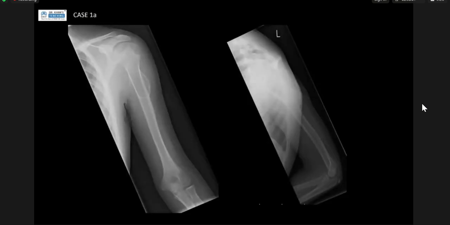Right, so if I could have candidate 1 have a little go at describing the first case. Okay, this is a frontal radiograph of the left upper limb, humerus, and the left shoulder joint. I see in the proximal left humerus a lucent bony lesion with a well-defined sclerotic margin.